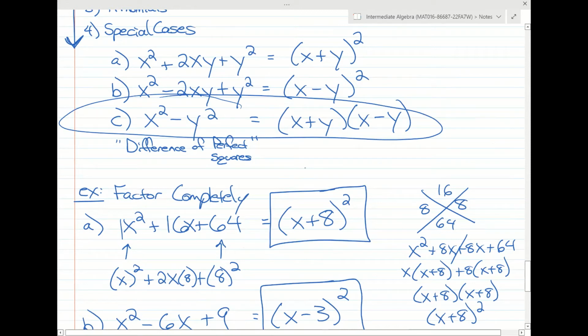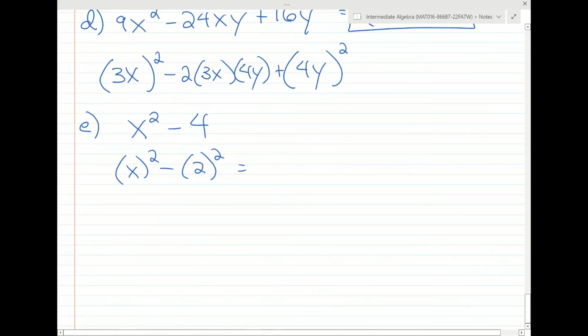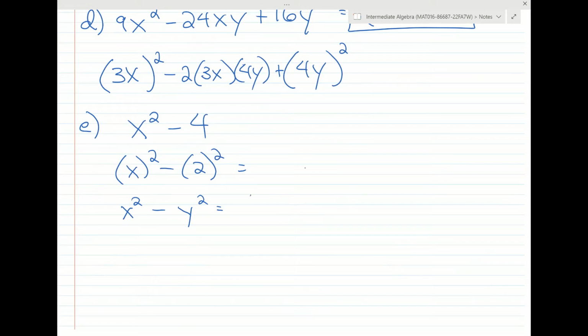You have something squared minus something squared. We could just write it as the first plus the second times the first minus the second. So x squared minus y squared, the formula is x plus y times x minus y. In this case, it's just x plus 2 times x minus 2.